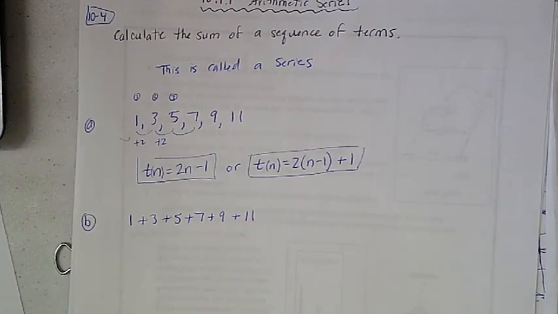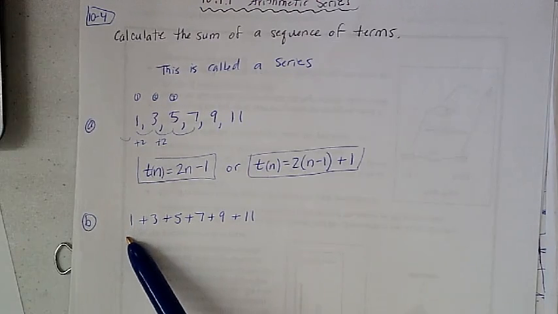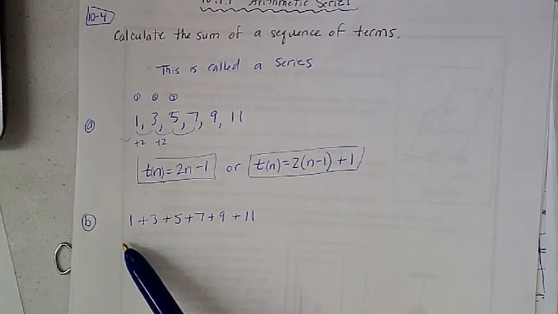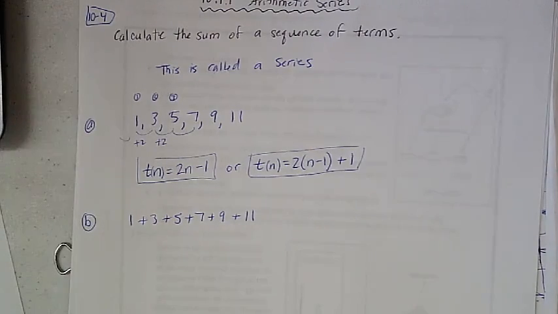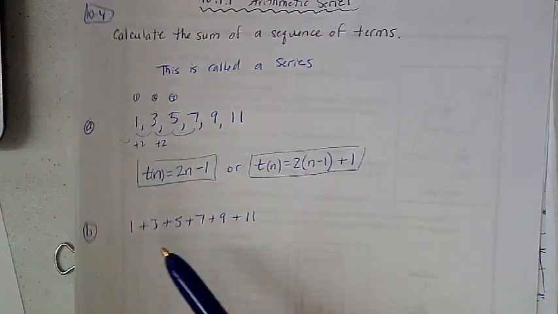Letter B says, what does the related series represent in this situation? So remember, this is like how many, is it seconds? This is her rate in meters per second. So it takes her a while to gather speed.